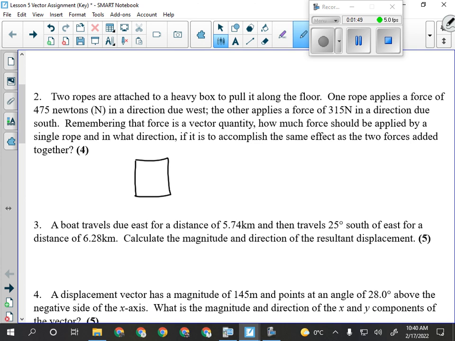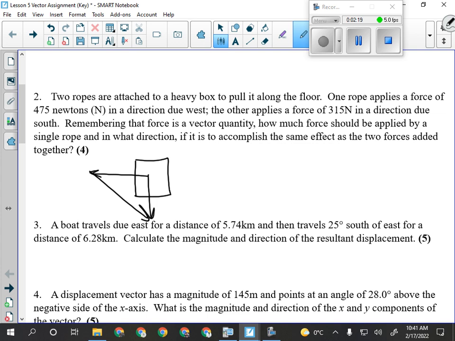They see this box that has these 2 ropes attached to it, and they show that one rope is applying a force due west, and another one is applying it due south. So they see this and they go, all right, it's going this way. I'm pretty sure it's not. The last time I checked, that is not how we draw vectors.